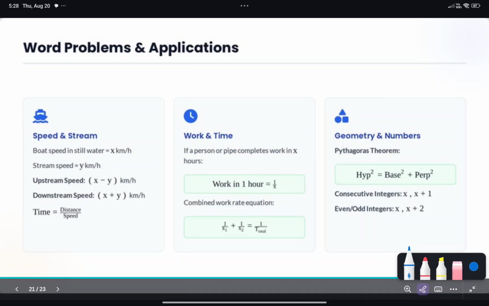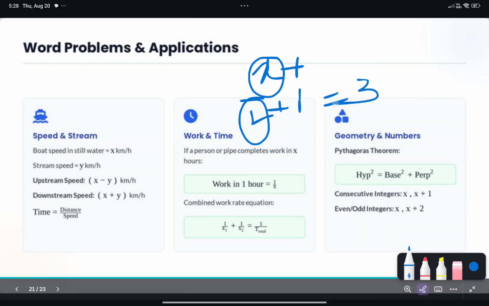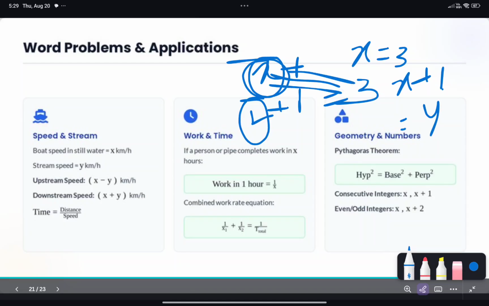Even and odd. For example, x is equal to 2, then 2 plus 1. If x is even, it converts into odd. If x is equal to 3, x plus 1 is 4, even. So x plus 1 is for odd to even.